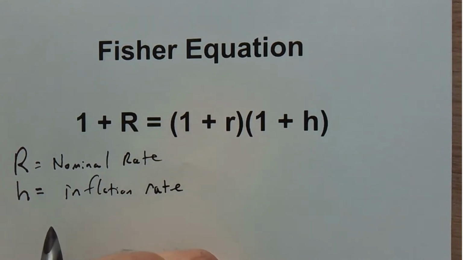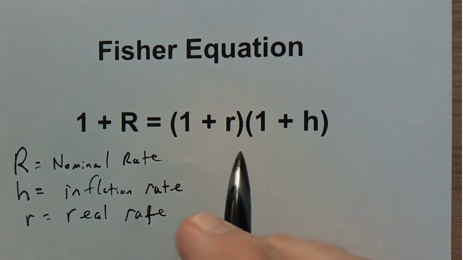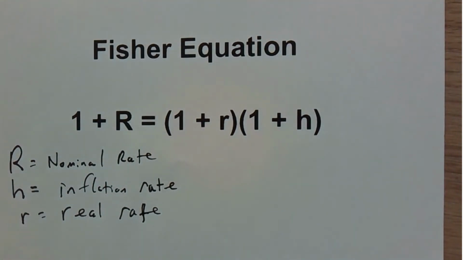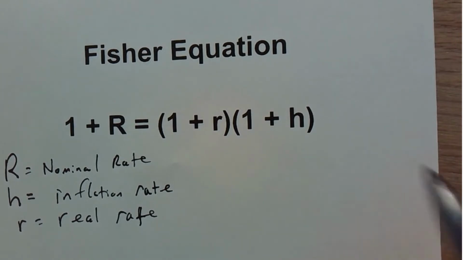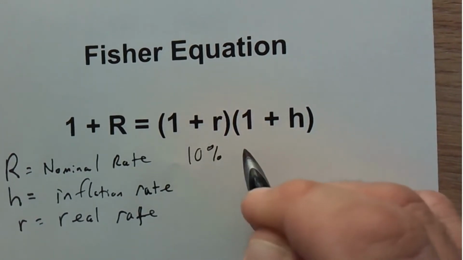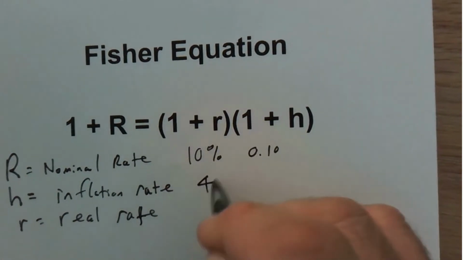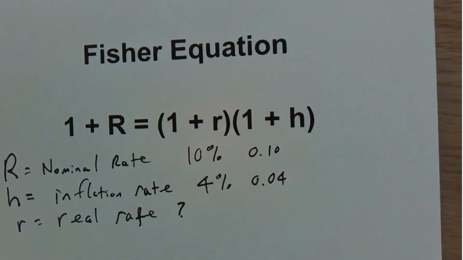And our small r is our real rate. And we would go ahead and fill in the information that we have. In this case, our nominal rate is 10%, and we're going to write that as a decimal. We have an inflation rate of 4%, and we're going to write that as a decimal as well. And the real rate is what we're trying to figure out.